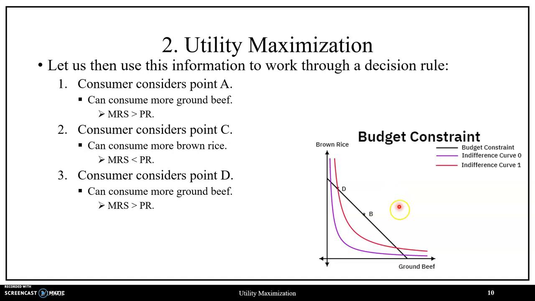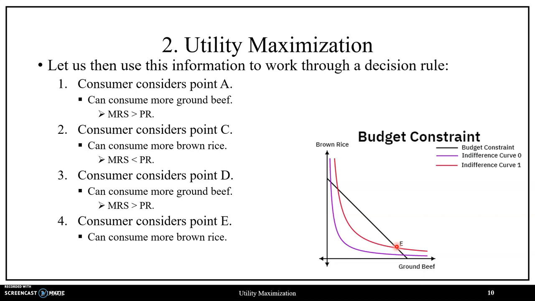Okay, so if point D doesn't work, what about our second intersection point with indifference curve 1 and our budget constraint? We'll call this point E, and similar to what we saw with point C, the answer is going to be no, in that our consumer is not the best off possible. There is incentive for the consumer to consume further quantities of brown rice and fewer quantities of ground beef, due to the marginal rate of substitution being less than the price ratio, or that additional utility provided by ground beef is less than its price.